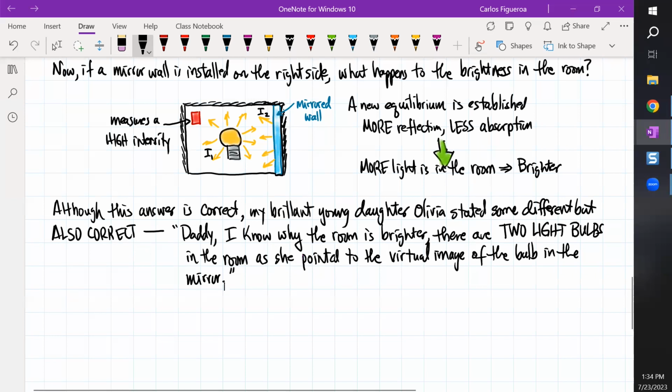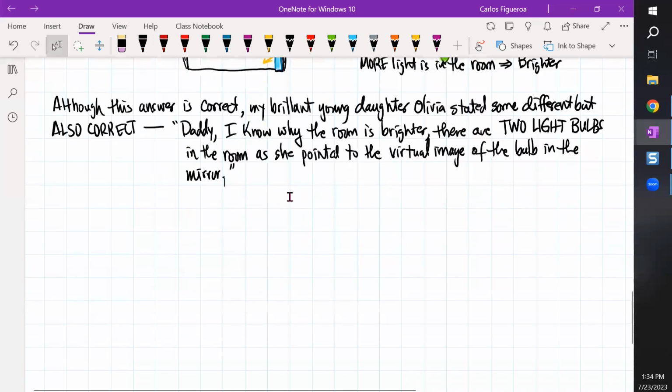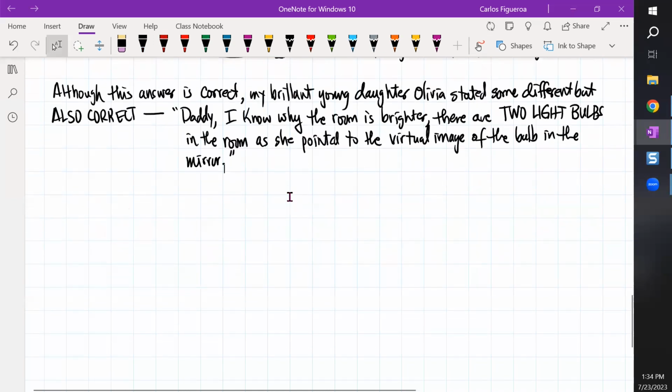And so this is really where I wanted to get to in this discussion, to talk about more details about virtual images. So let's go back and analyze this. So now let's call this situation 1.